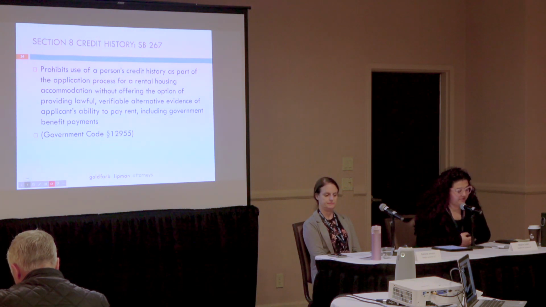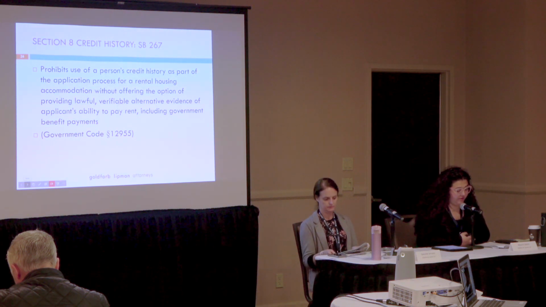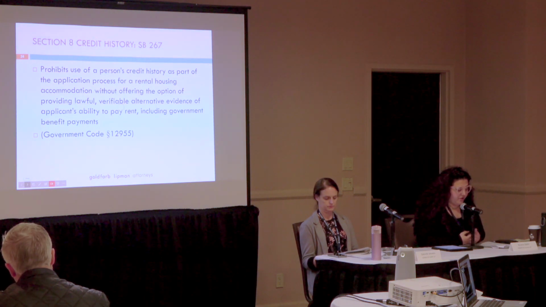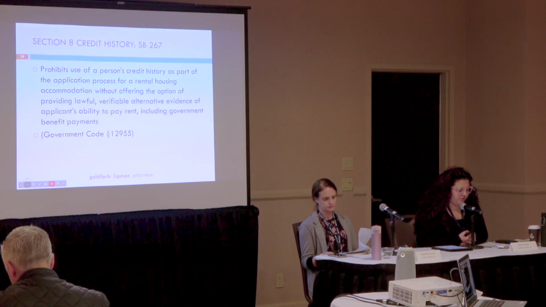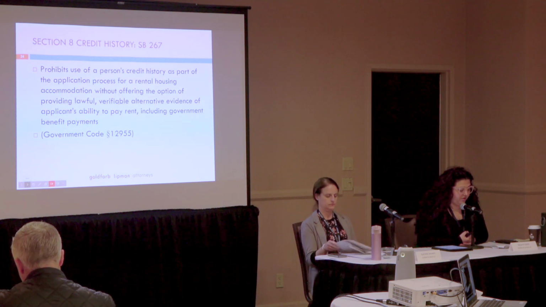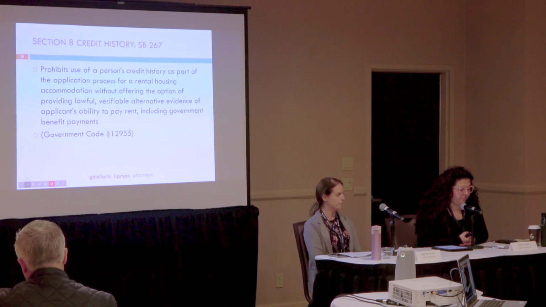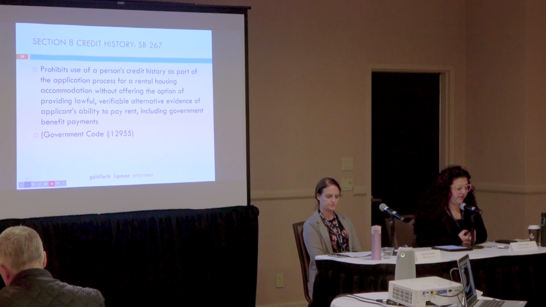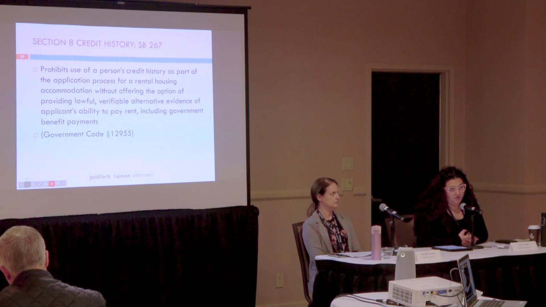So what this does is it adds an additional restriction on landlords and prohibits the use of a person's credit report as part of the application process for rental housing accommodation, unless the landlord also offers the option of providing lawful, verifiable alternate evidence of the applicant's ability to pay, including their government benefits.